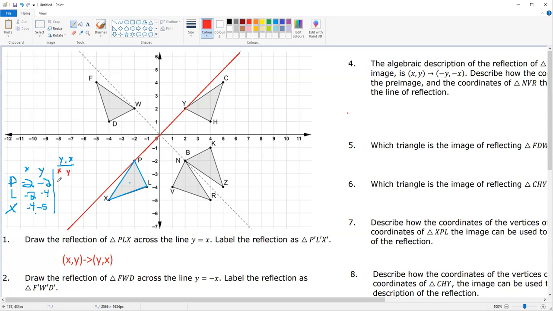Y is going to be -2, -2. Right there on the line, so that makes sense. Okay, and then it's going to be -4, -2. Then it's going to be -5, -4.